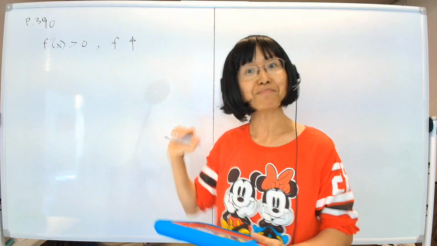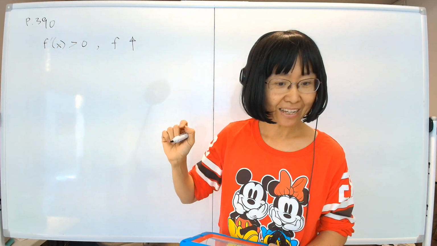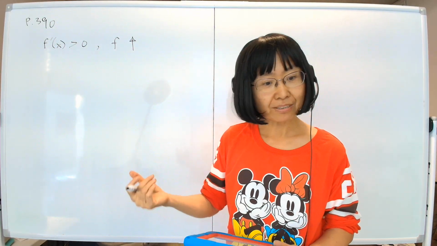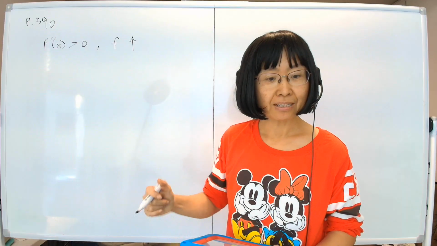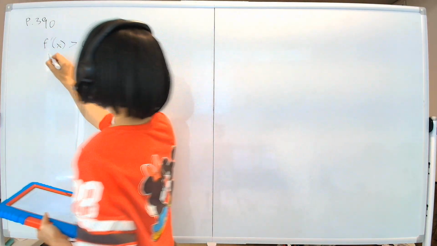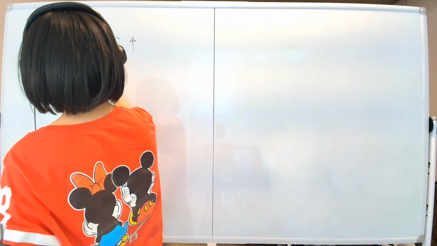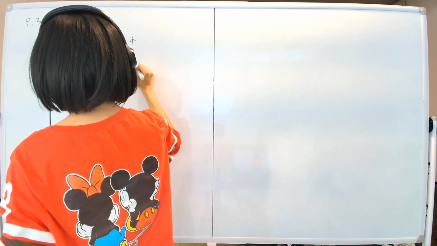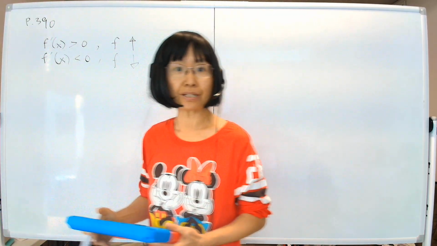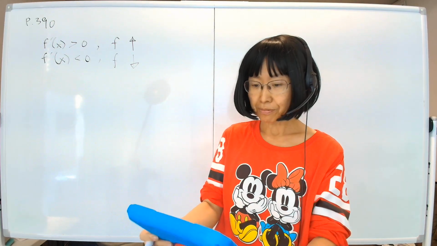That's my personal symbol to mean increasing. And if f prime is less than 0, then f is decreasing. Roughly, that's what we remember from corollary 3 from the previous section.